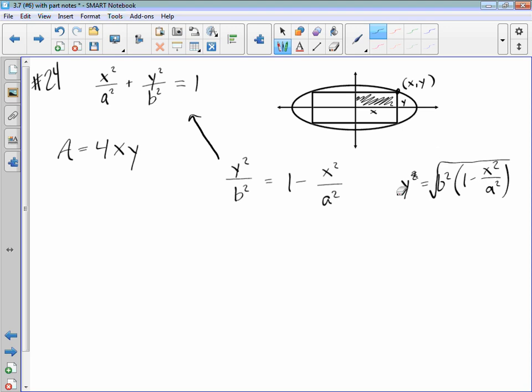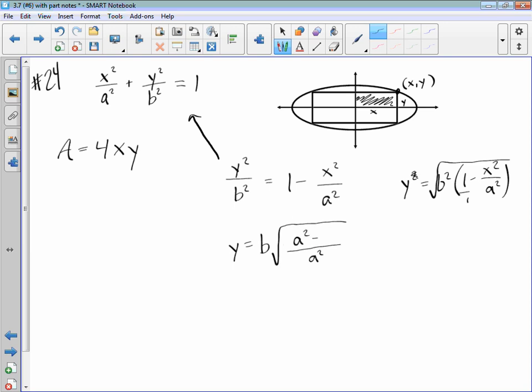And I'm going to plug that into here, but before I plug it in, I'm going to try to simplify it a little more. So what can I do with that b squared that's factored out front? Take a b out, right? So I have y equals, and the b's taken out. And then what's under the square root is what's in the parentheses here. Let's get a common denominator. So what would my common denominator be? A squared. So if my common denominator is a squared, what do I have in the numerator?